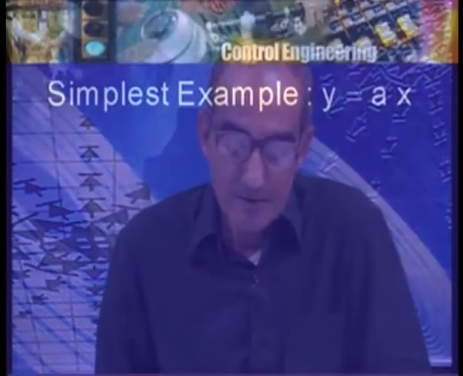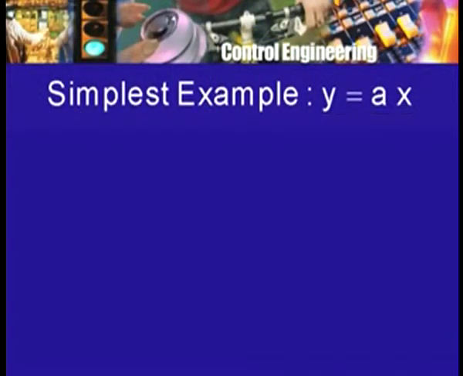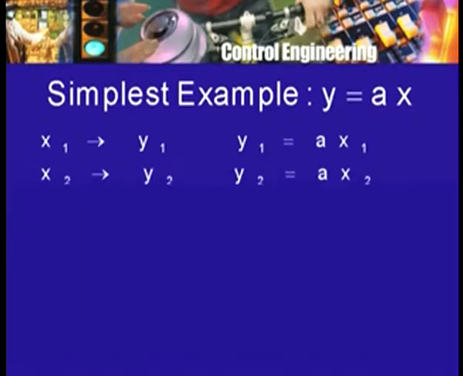Now, is this linear? Is this additive? Does it have the homogeneity property? Well, from the description we can determine without much difficulty that it is so. So, let the input x1 produce the output y1, which means y1 is equal to a x1. The input x2 produces the output y2. So, y2 is equal to a x2.